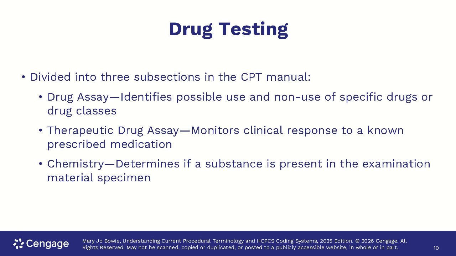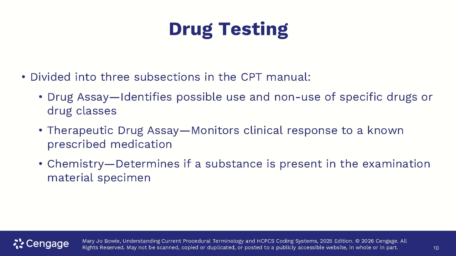All right, next up, we have drug testing. And drug testing is divided into three subsections. We have the drug assay, and this includes presumptive drug class screening, which are tests used to identify possible use and non use of specific drugs or classes.